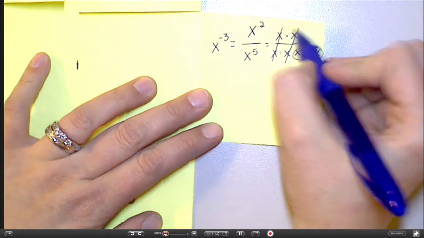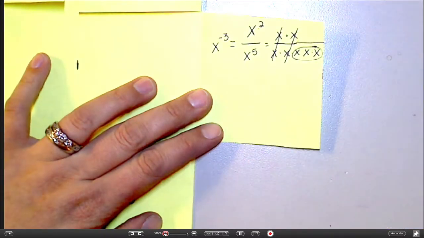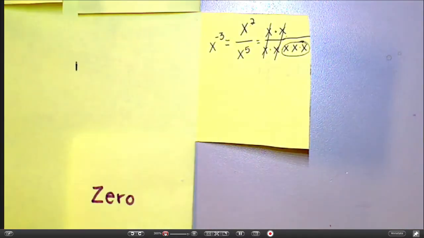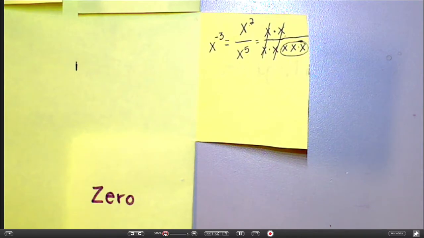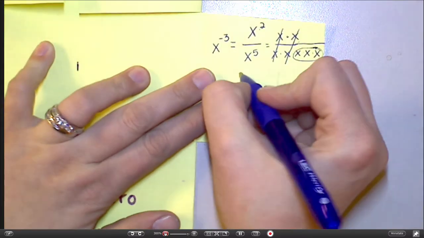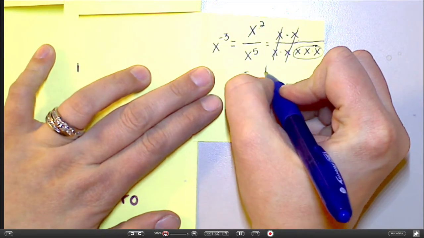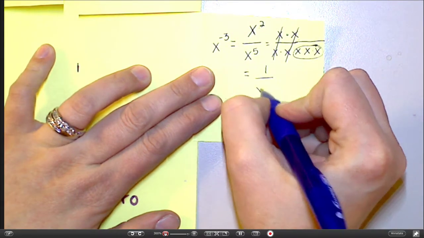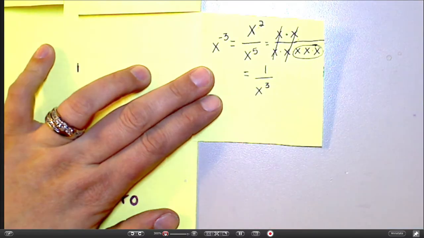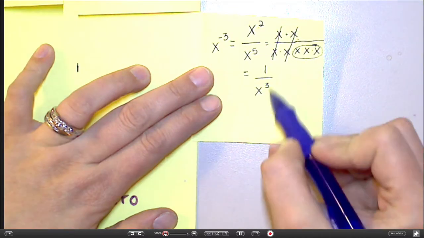But notice this time it's on the bottom of the fraction instead of on the top. Whereas when we did division, it was on the top of the fraction that the numbers were left over. So what this really comes out to be equal to is 1 over x to the third power, because x to the third is on the bottom.